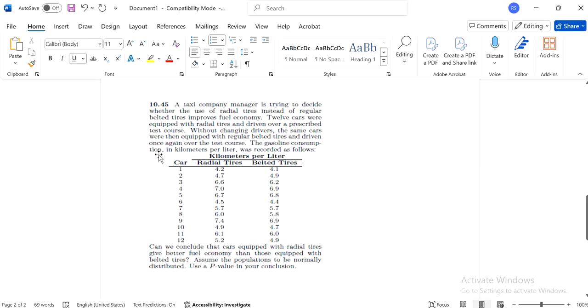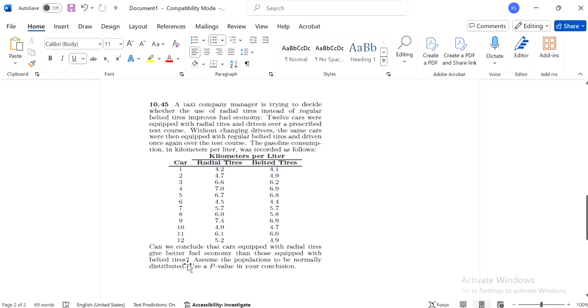The gasoline consumption in kilometers per liter was recorded as follows. So the gasoline consumption is given here for the radial tires, which are the improved tires, and the belted tires are the previous tires which are used regularly. Can we conclude that the cars equipped with radial tires give better fuel economy than those equipped with belted tires?